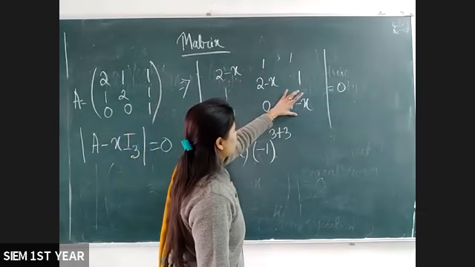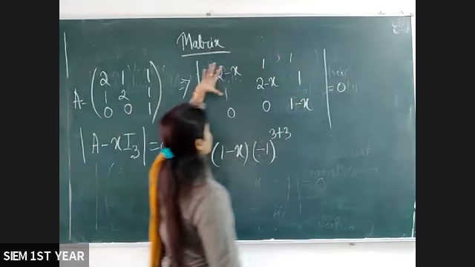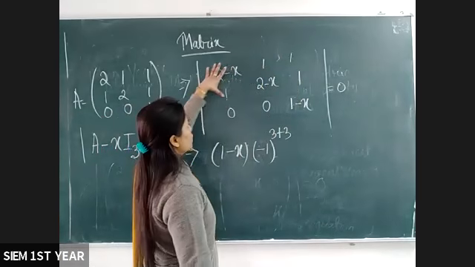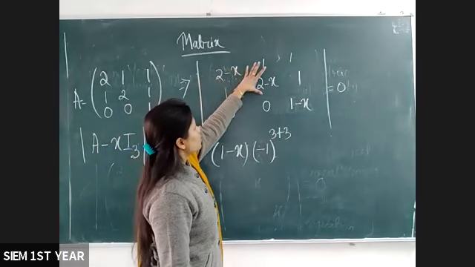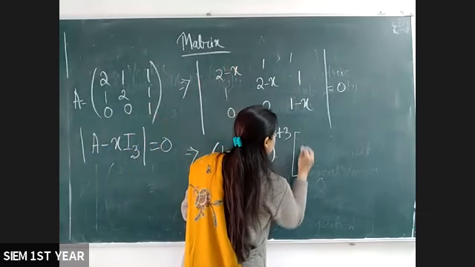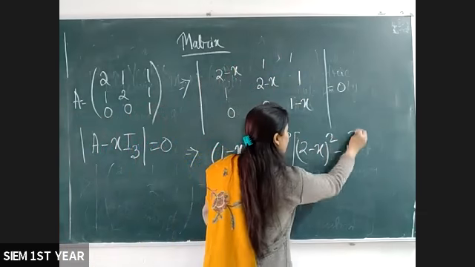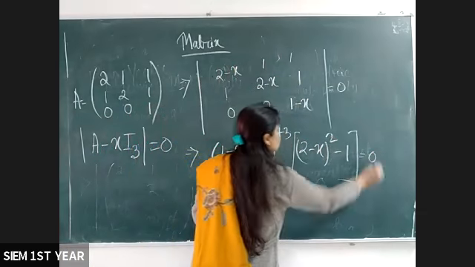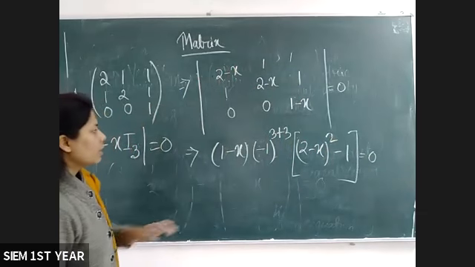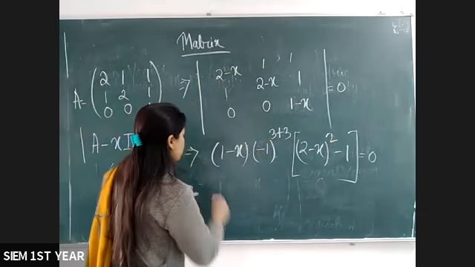This 1 minus x belongs to this row and this column, so you have to consider this minor. If you expand this, then you get 2 minus x whole square minus 1 is equal to 0. So minus 1 to the power 3 plus 3 means positive sign.